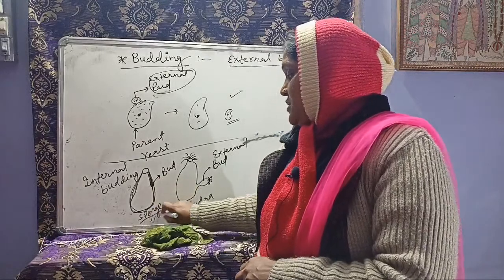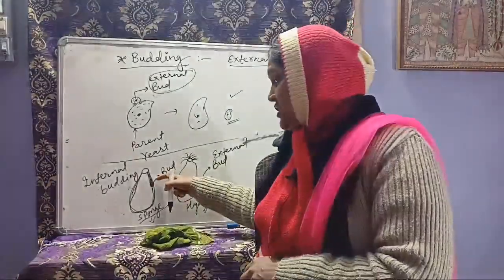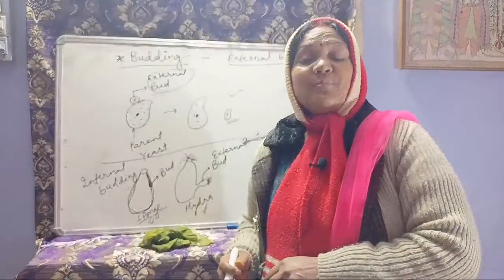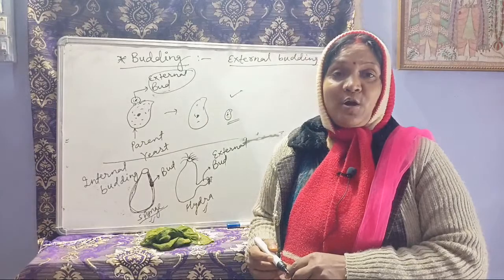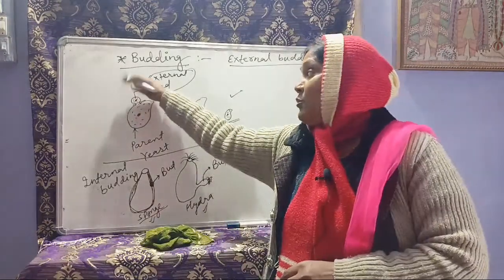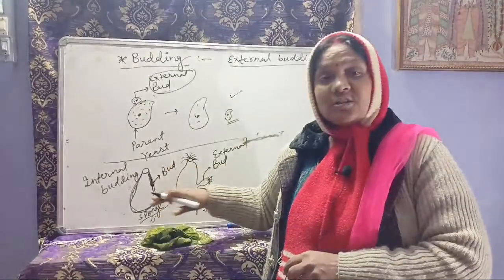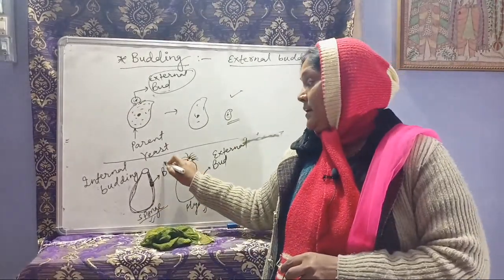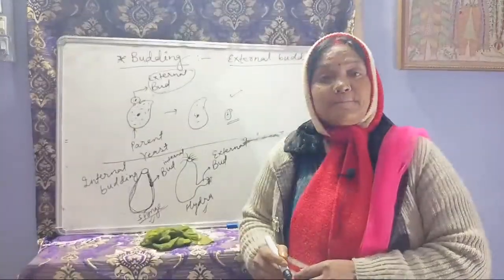In a sponge, the bud is formed as an ingrowth of the parental body wall. As an outgrowth, it is an external bud; as an ingrowth, it is an internal bud.